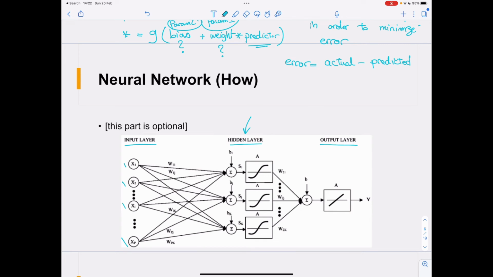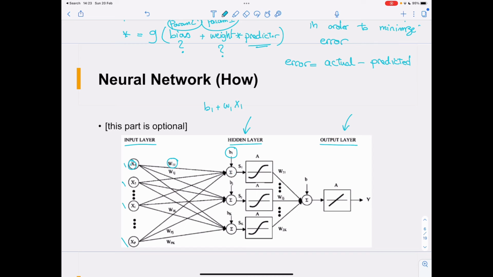And at the end, there is an output layer. So the predictor x1 with the value of the weight corresponding to the first node and the bias would shape a linear term. It is b1 plus weight 1 multiplied by x1.